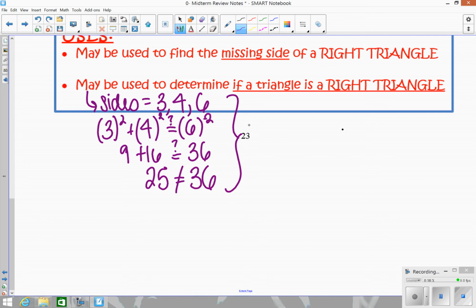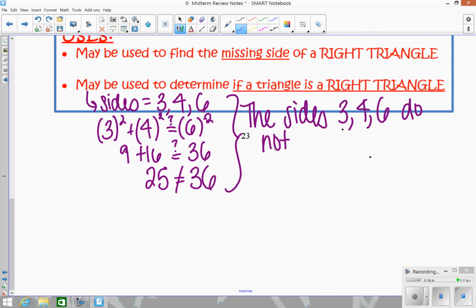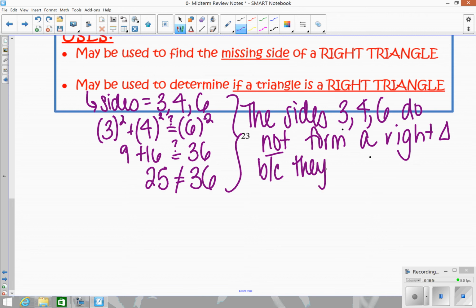So the conclusion you can make is the sides 3, 4, and 6 do not form a right triangle, because they don't satisfy or work in the Pythagorean theorem.